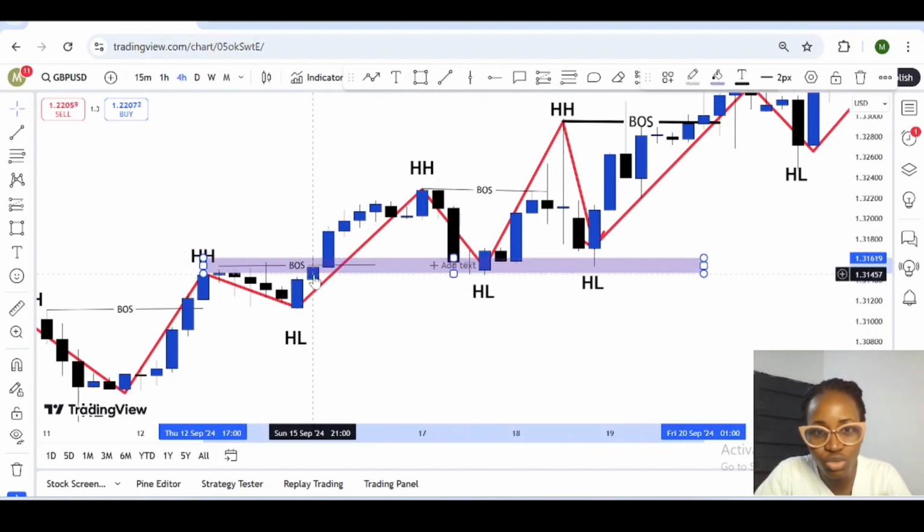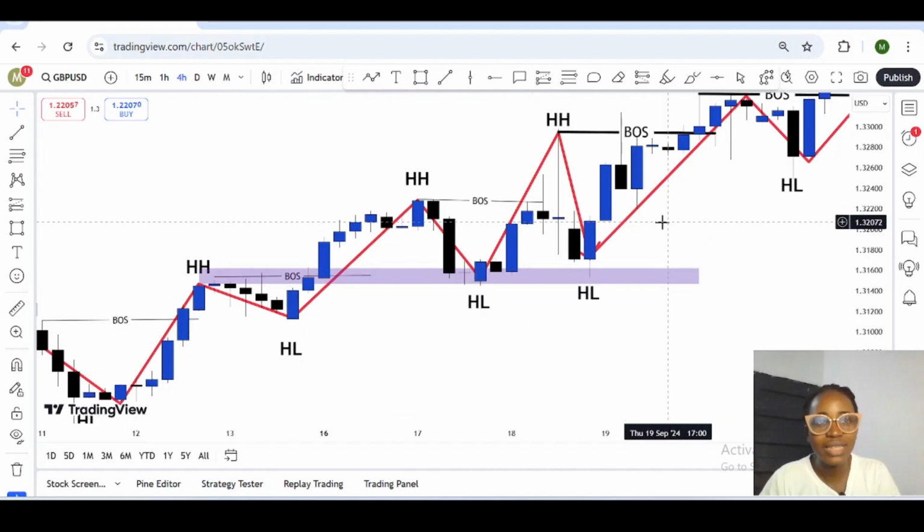Even here, with the knowledge of the structure of the market, you can see that this is a breakout and price coming back to retest here is from the knowledge of the market structure. So understanding the market structure is essential to any strategy you are trading. Even if you are using indicators, you still need to understand the structure of the market.